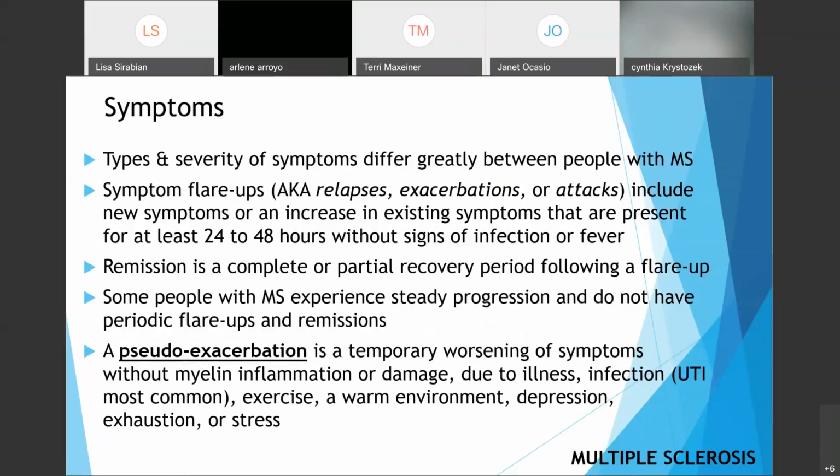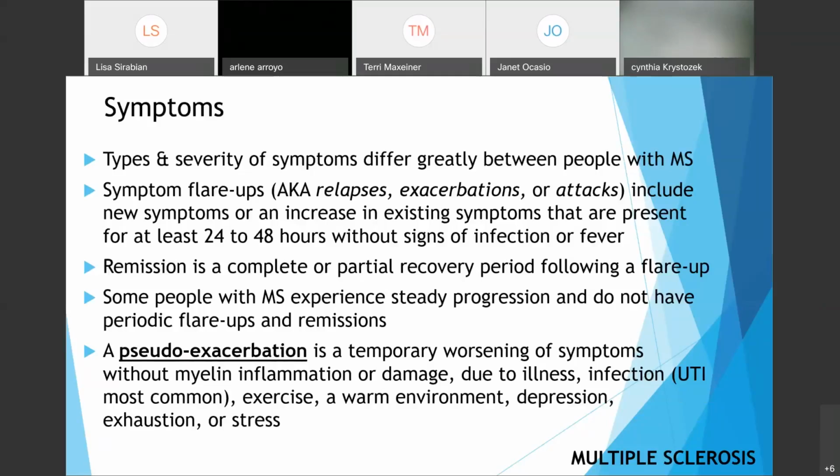Okay, so the types and severity of symptoms will differ greatly between people with MS. People with MS experience what we call flare-ups and remissions. So symptom flare-up, and as you read about these things, the flare-up is also known as a relapse, an exacerbation, or an attack. They all kind of refer back to the same thing, a symptom flare-up.